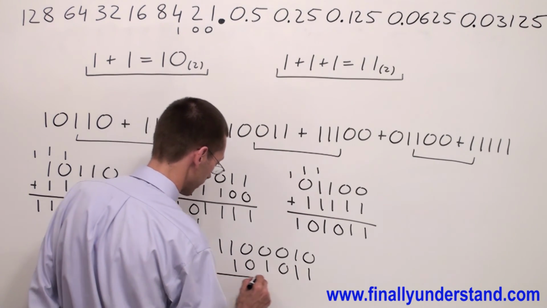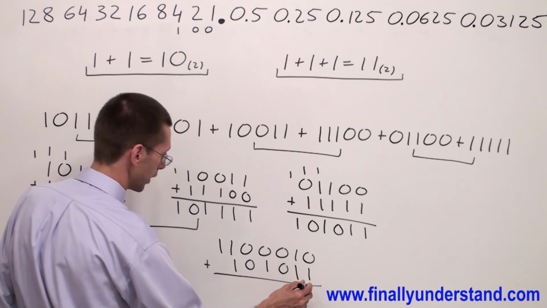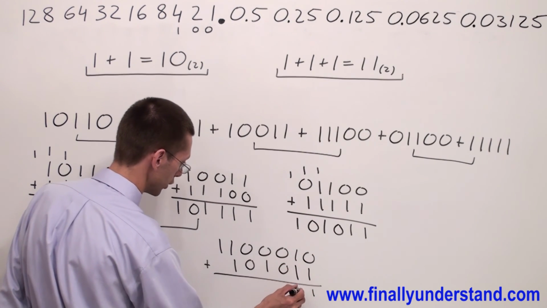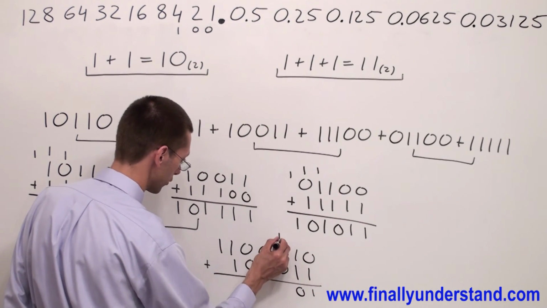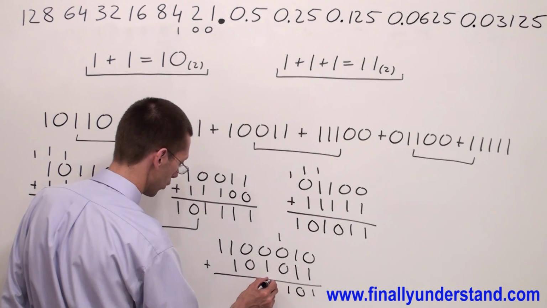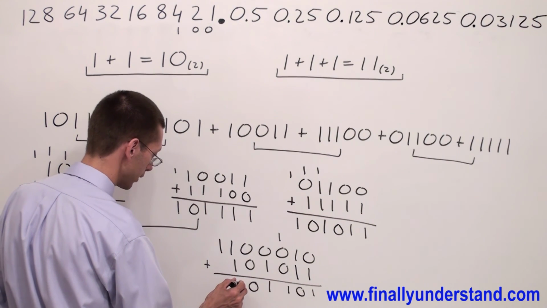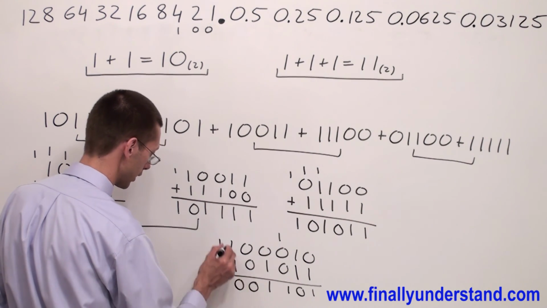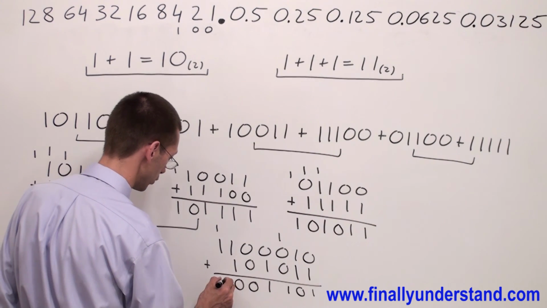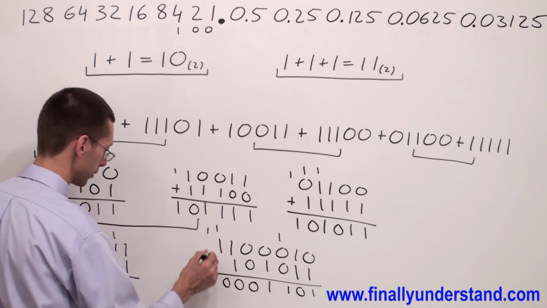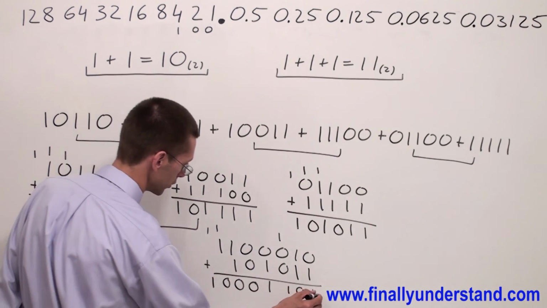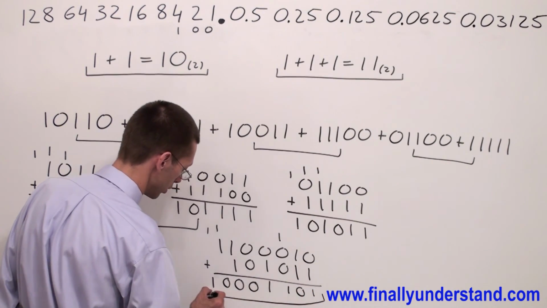Add them up. 0 plus 1 is 1. 1 plus 1 is 2. That's why I have to write 0 and carry of 1. 1 1 0. 1 plus 1 is 2. That's why I have to write 0 and carry of 1. 1 plus 1 is 2 and carry of 1. So I can say this is the solution to my problem.